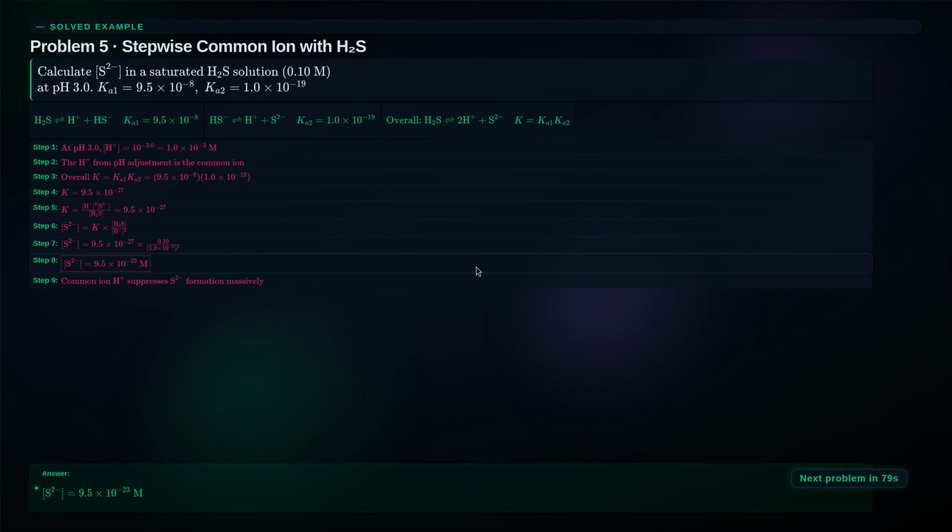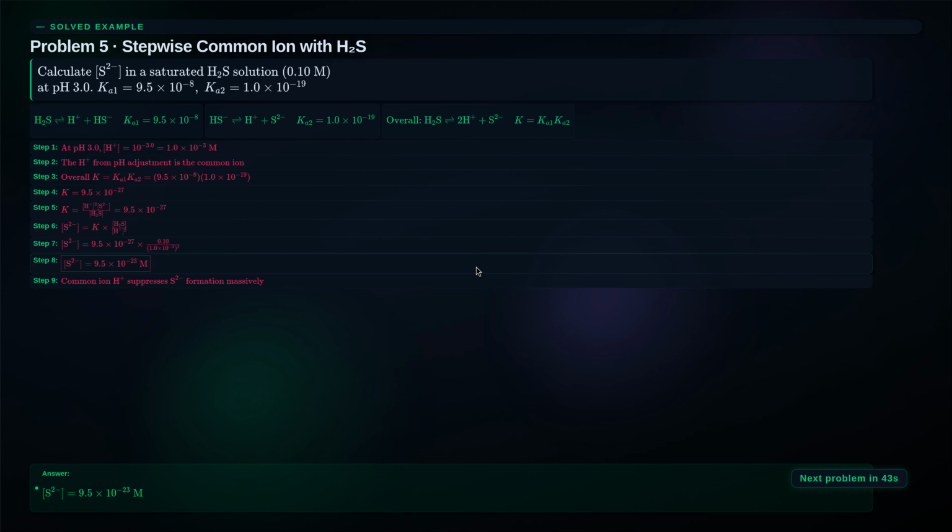Step 2. The overall equilibrium constant K equals Ka1 times Ka2. K equals 9.5 times 10 to the negative 8 times 1.0 times 10 to the negative 19, giving 9.5 times 10 to the negative 27. Step 3. K equals [H+] squared times [S2-] divided by [H2S] equals 9.5 times 10 to the negative 27. Step 4. Solve for S2-.